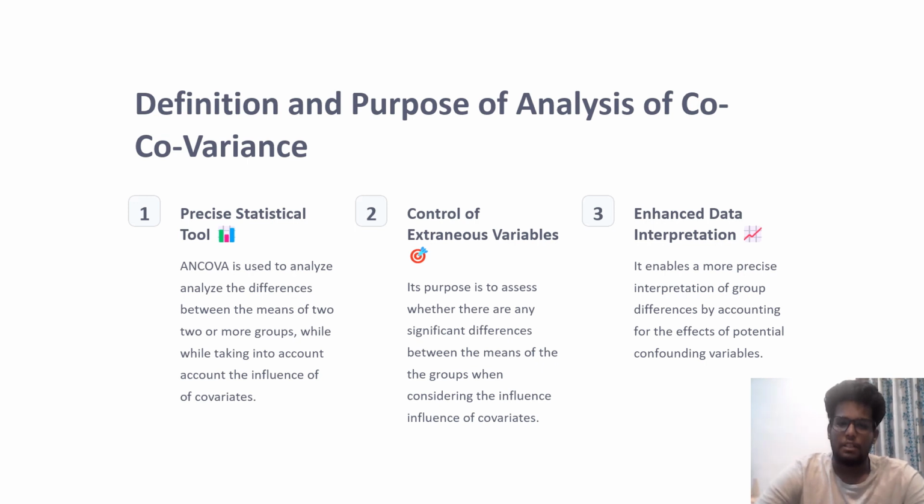Its purpose is to assess whether there is any significant difference between the means of the groups when considering the influence of the covariates. Third is enhanced data interpretation. It enables more precise interpretation of group differences by accounting for the effects of a potential confounding variable.